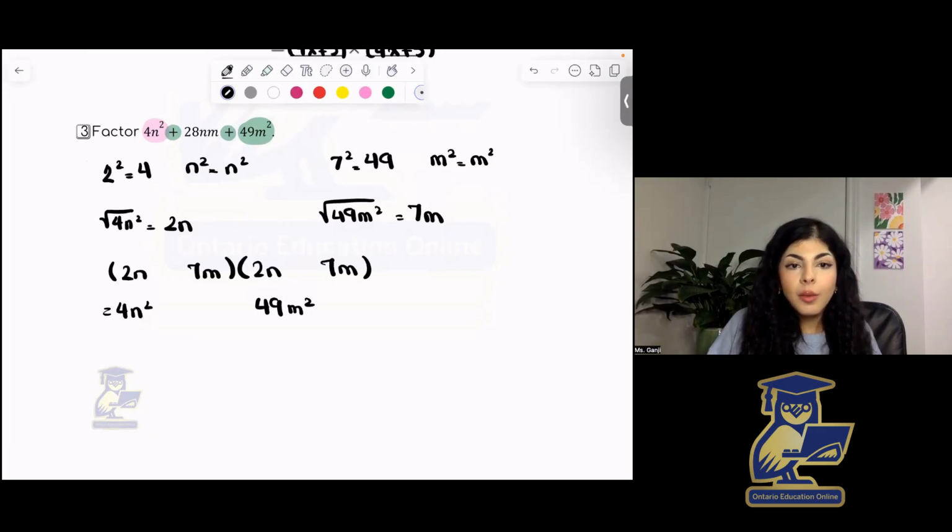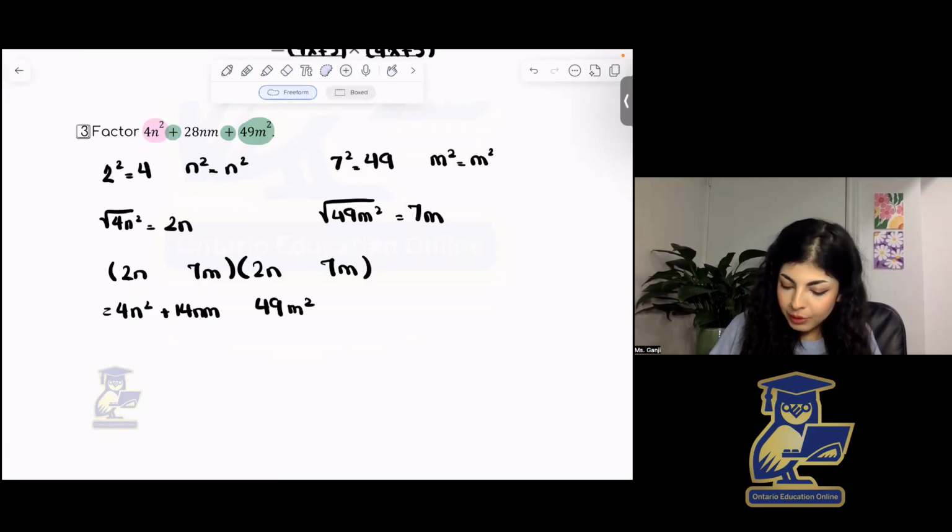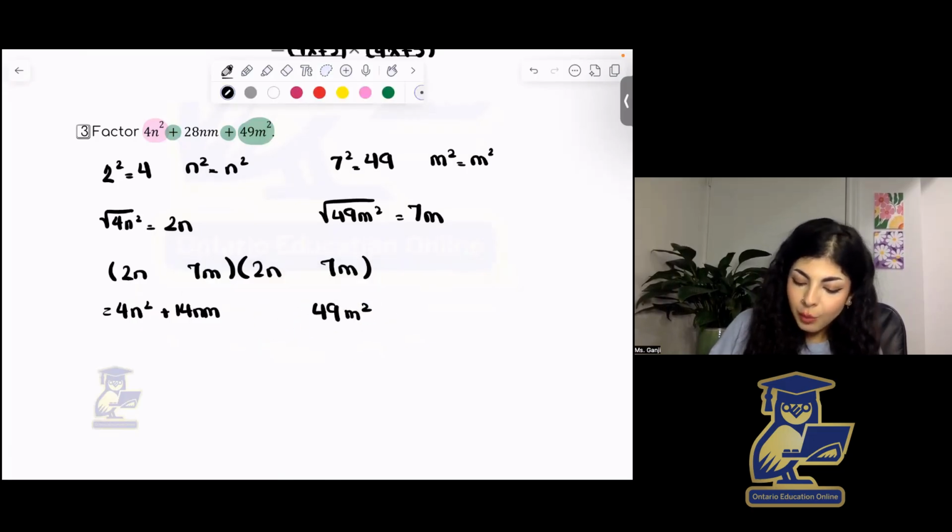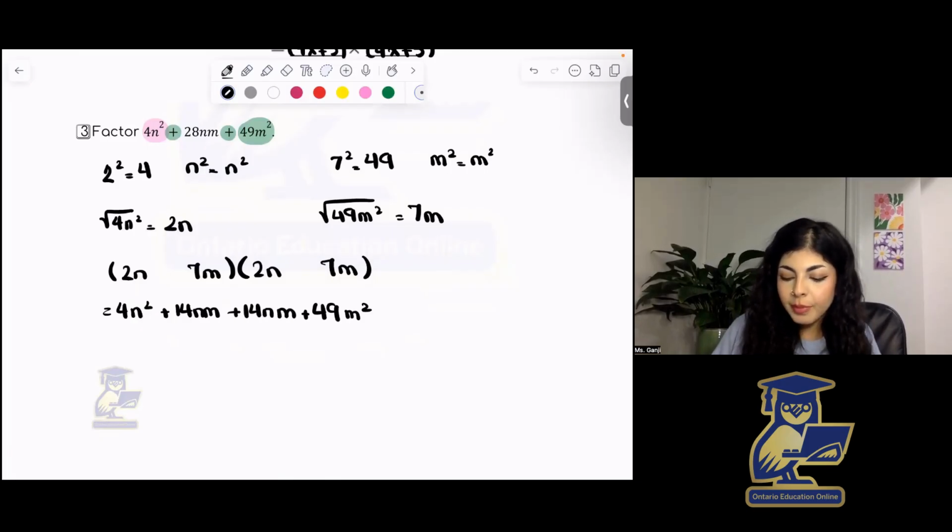Now, I have two positives here. So when I multiply the inside and the outside terms, I also want to be getting 14nm. And pay attention here that there are two variables, so you have to include both n and m. I'll move this a little over, but we also get a second 14nm term if you are expanding with addition.